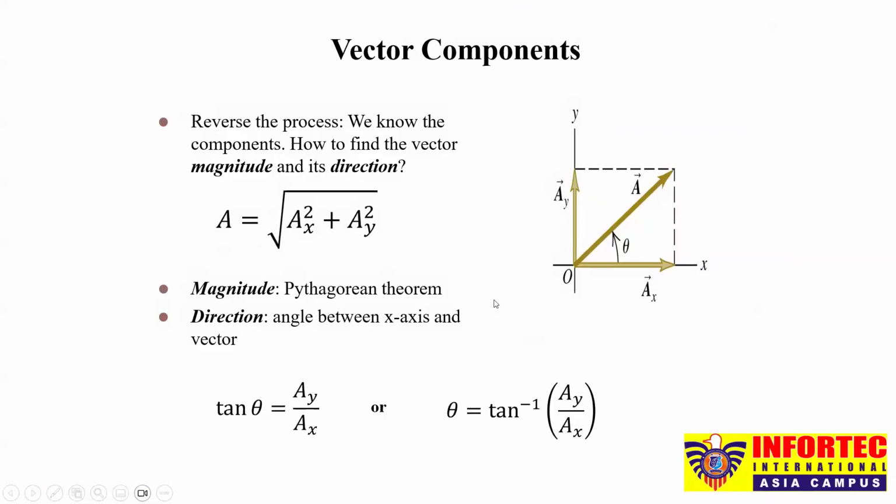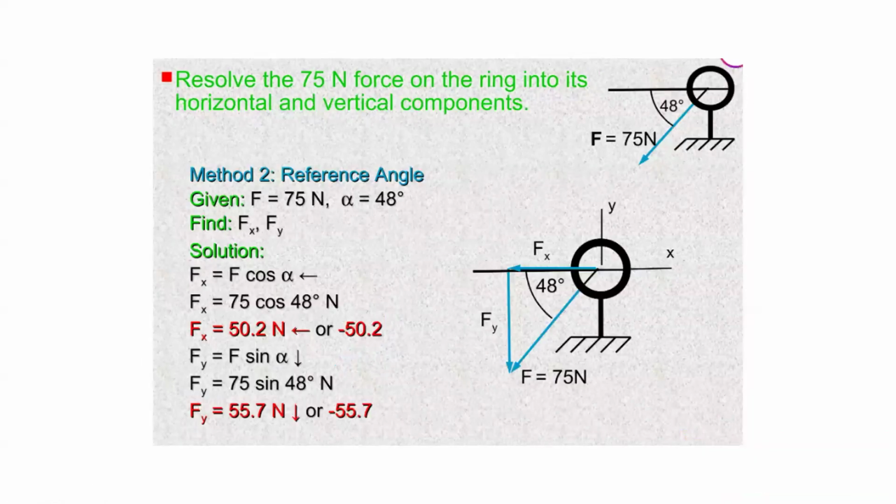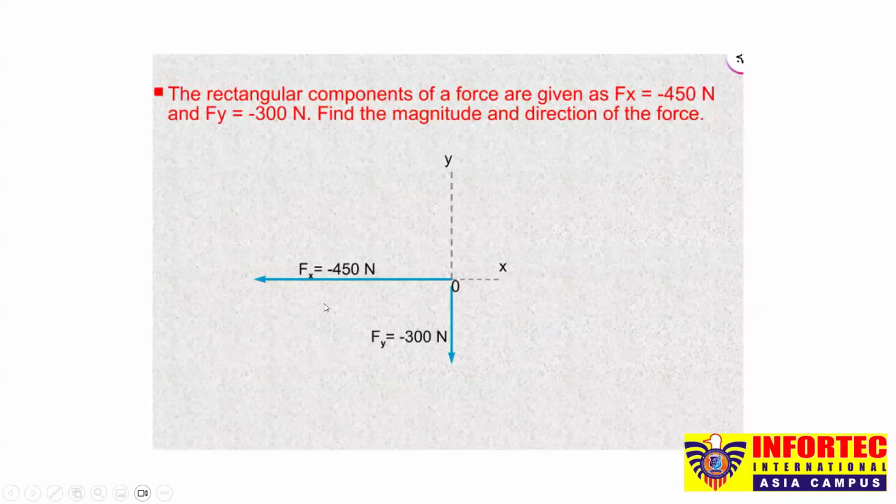We calculated horizontal and vertical components as an example. And in the next one, they gave two rectangular components and we found the magnitude and direction.